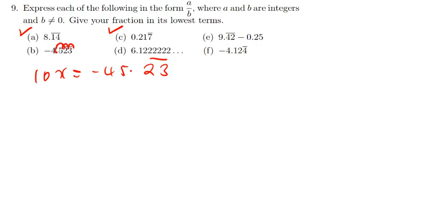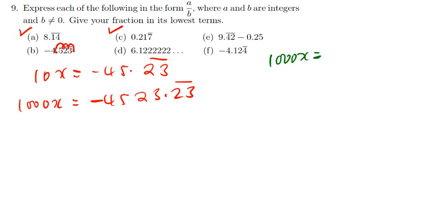The next thing, starting from the same point, you move all the way 1, 2, 3. That would mean 1000x is equal to negative 4523.23 bar. Like I said, you can do it directly or you can switch them: put this number on top and this number down here, negative 45.23 bar.